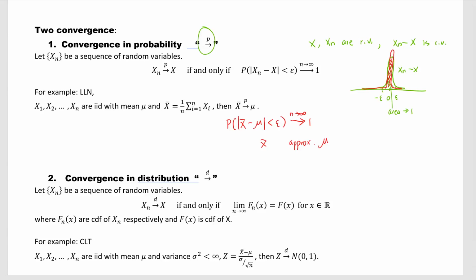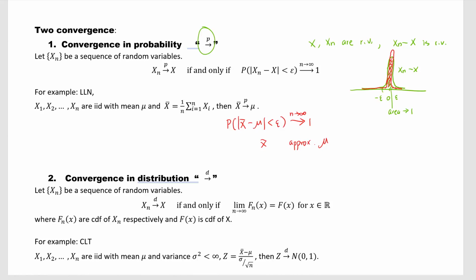That's the first convergence. How about the second convergence? The second is convergence in distribution. Suppose X_n is a sequence of random variables. Convergence in distribution means we have pointwise convergence of the cumulative distribution function.